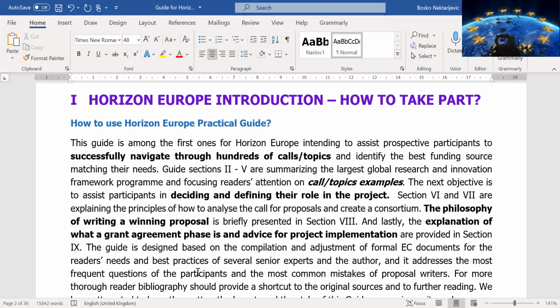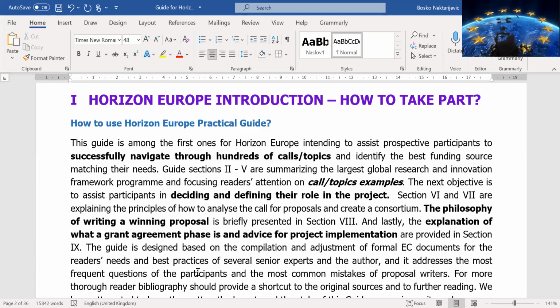I've been working in EU funding arena and currently in a position of a team leader, but previously as well in quite a few of senior and key expert positions and so on.